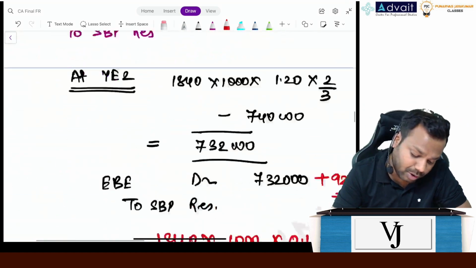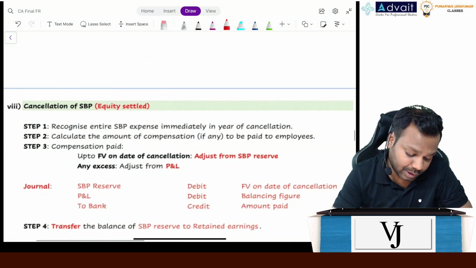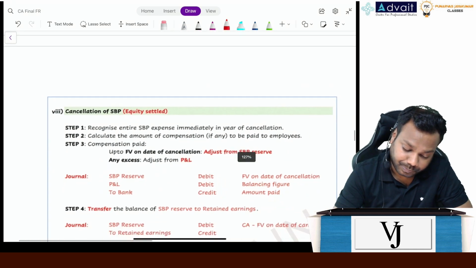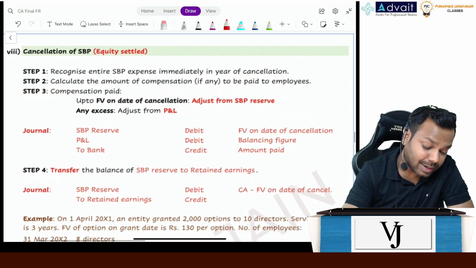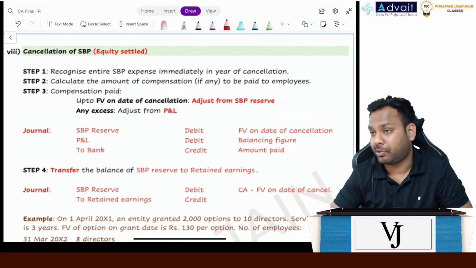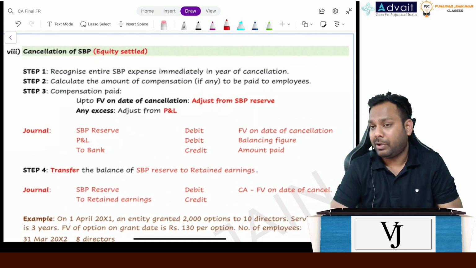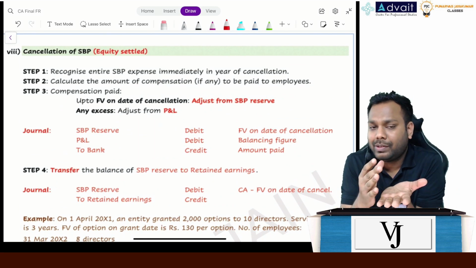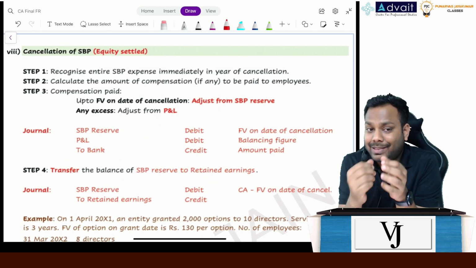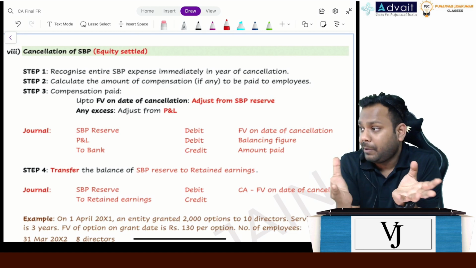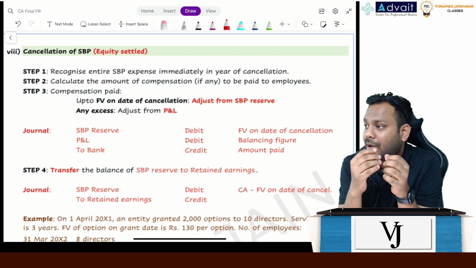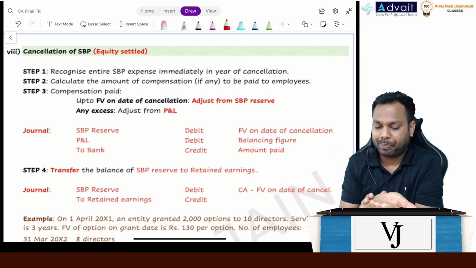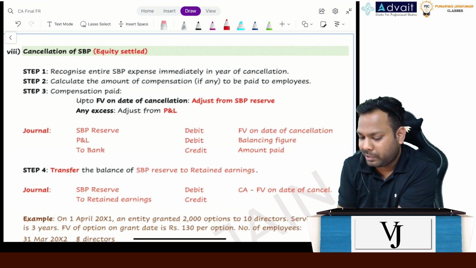Okay. Now coming on to cancellation. Many a time what happens, the startup sectors cancel the ESOPs, because when they notice that the shareholding pattern is getting diluted, they try to cancel the ESOPs. Employees, for them, what does it matter?